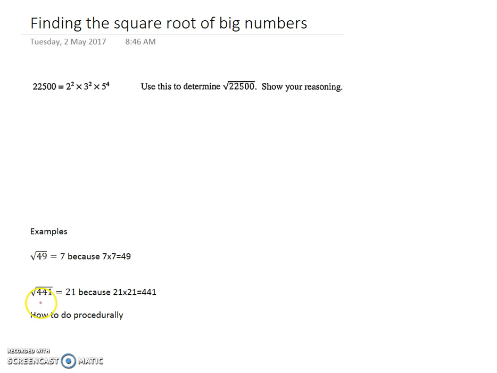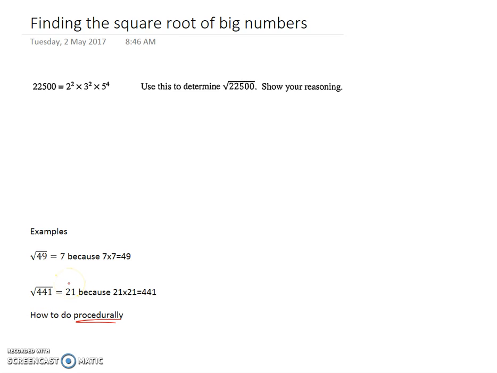Okay, similarly, the square root of 441 is 21 because 21 times 21 is 441. Now, you might not be able to see the square root of 441 is 21 straight away.